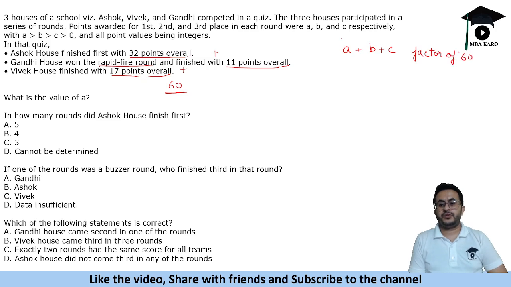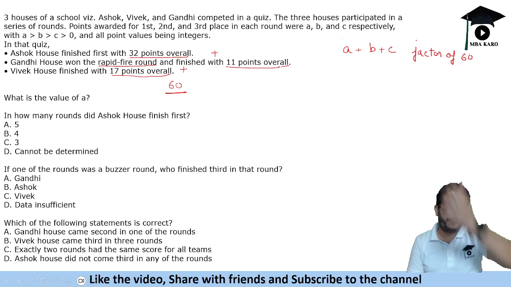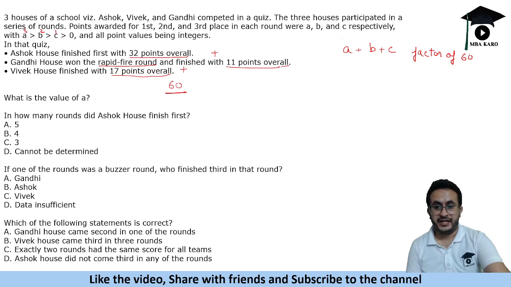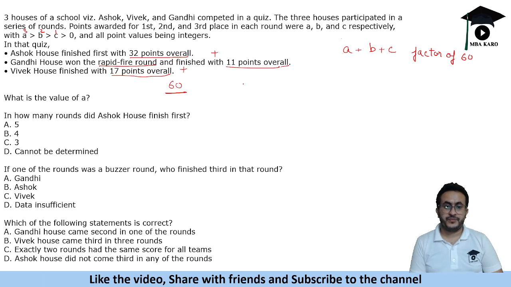Okay, so now we will think of how we can get factors of 60. What is the minimum value of A plus B plus C? A is greater than B greater than C greater than 0, so we need to think of factors of 60 at least starting from 6. So we can have 6 into 10.